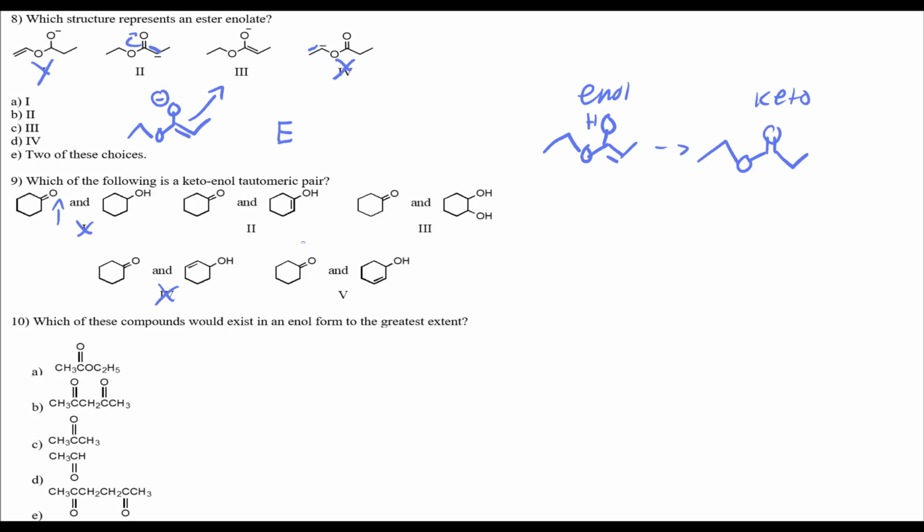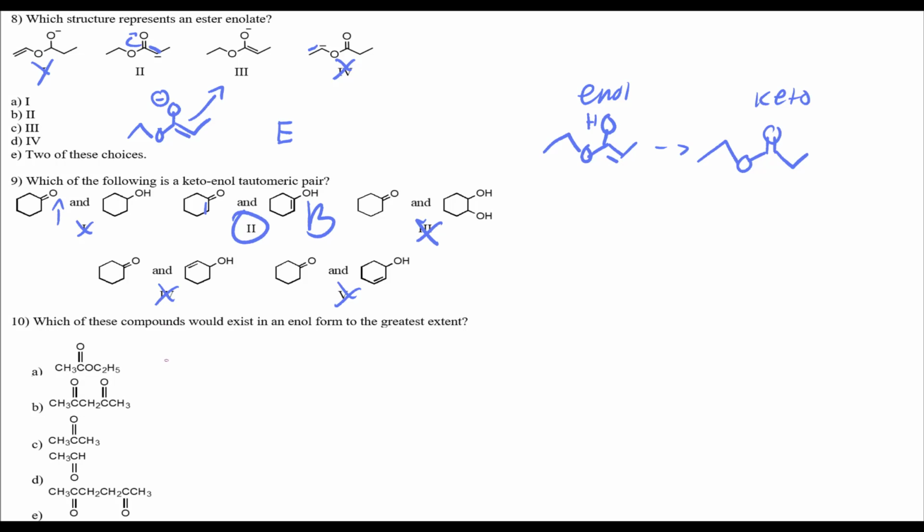And 3 is wrong. That's a diol. Same thing for number 5 and 4: this alkene is too far away from the initial carbon. The only one that makes sense is B, because your keto disappeared and it formed an enolate. Your alkene should be right there, and you can have an alcohol on this pair. So the answer choice should be B.